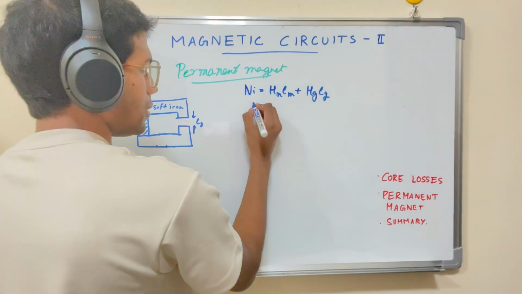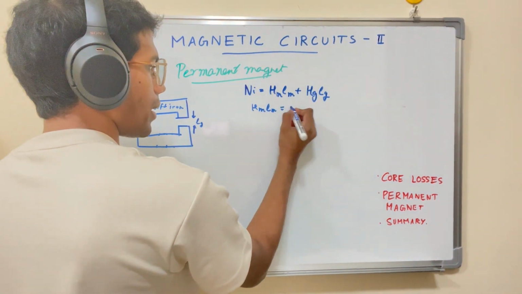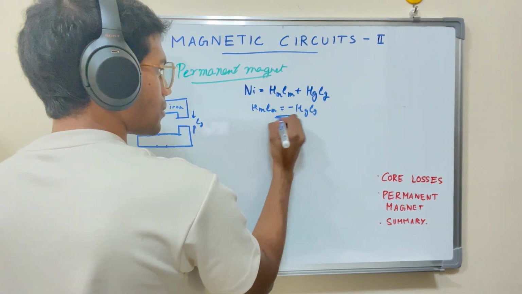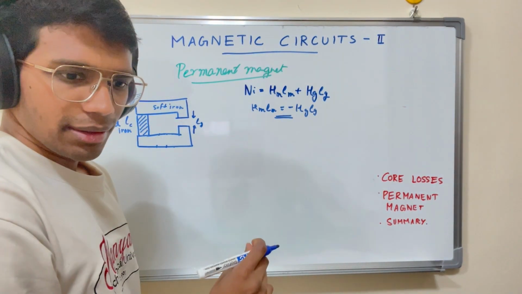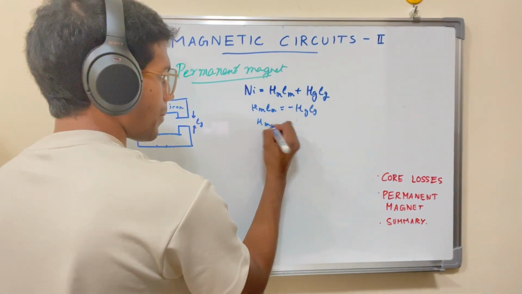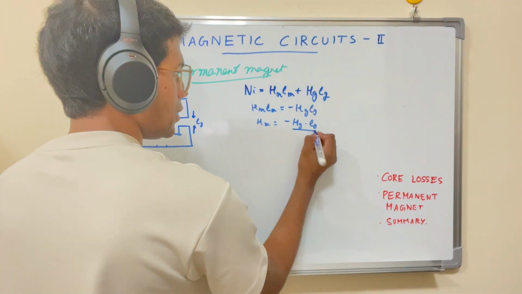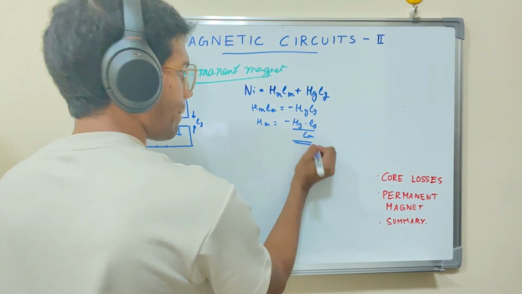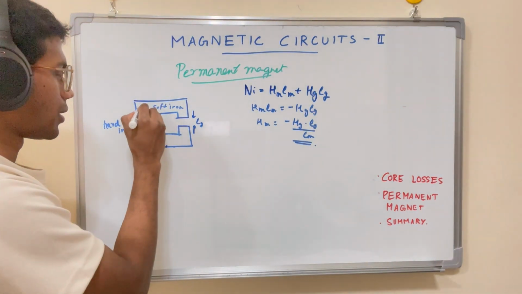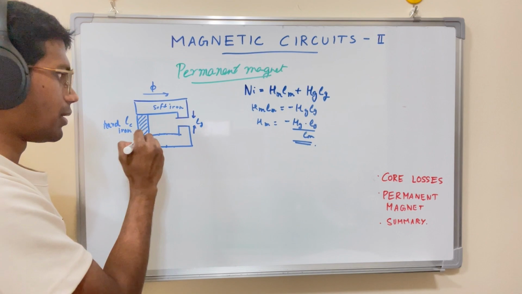So we could have HM LM equals negative HG LG. And we could just rewrite this as HM is equal to negative HG times LG over LM. Now for the continuity of flux, the flux that's going in is the same that's going all the way.